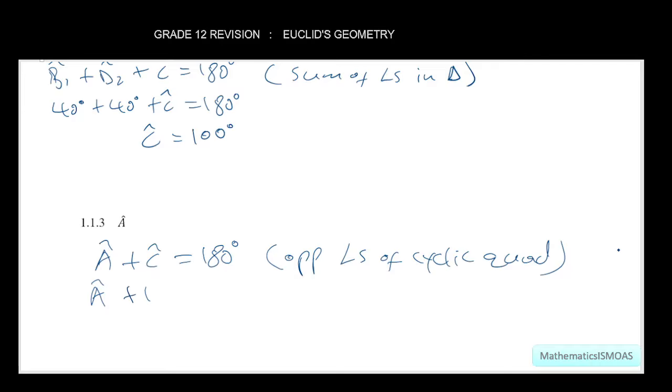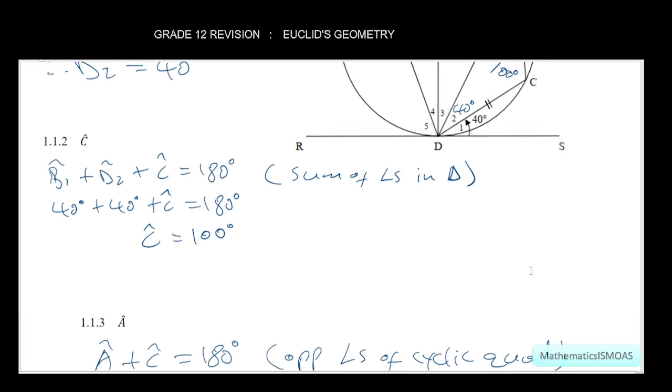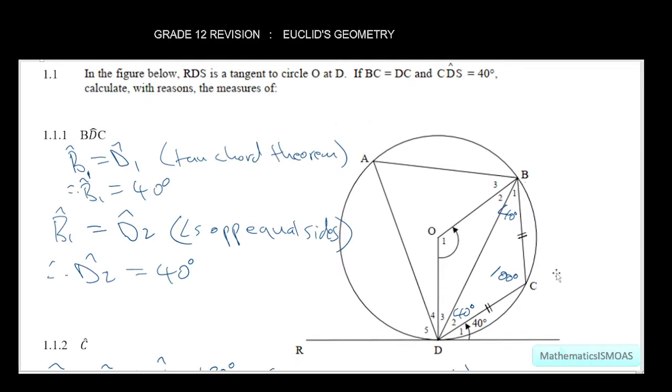Therefore, angle A plus 100 degrees is equal to 180 degrees, then our angle A will be equal to what? 80 degrees. 180 minus 100. And then lastly, angle O1. Angle A is now 80. And then angle O1, we had already identified the theorem statement, angle at the center twice angle at the circumference.